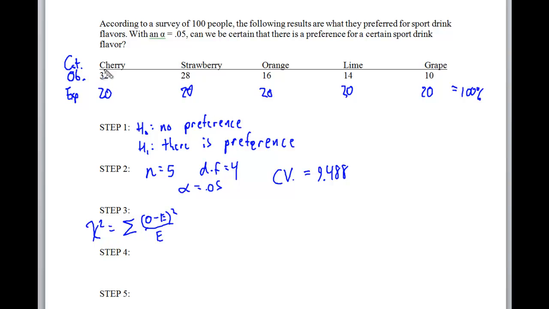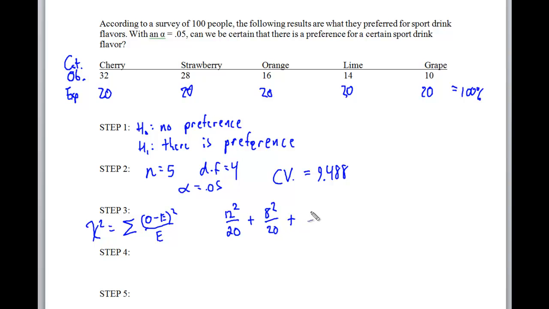You're going to subtract these two numbers. 32 minus 20 is 12. And then you're going to square that and divide that by your expected, which in this case is 20. Then you're going to take 28 minus 20, which is 8, and square that and divide it by 20. So you're taking these two numbers, subtracting, squaring it, and dividing by your expected value.